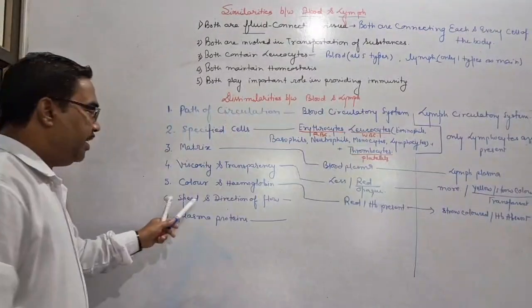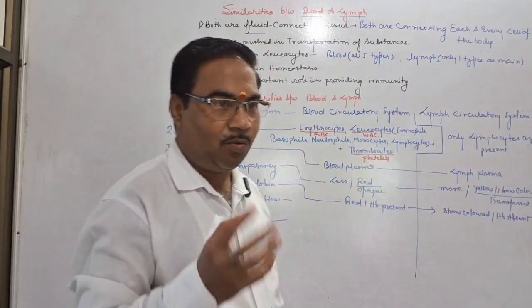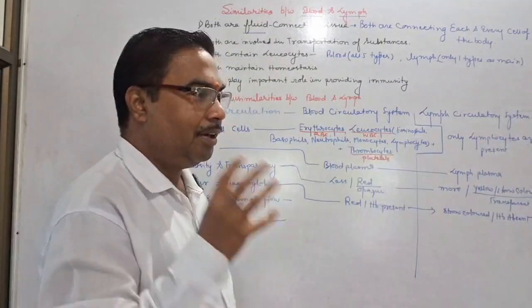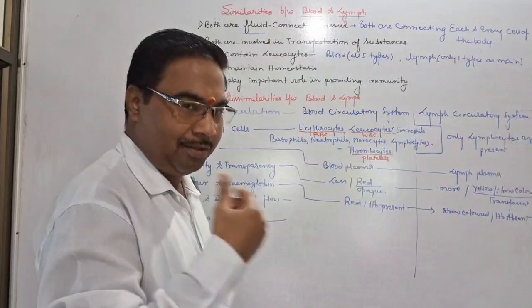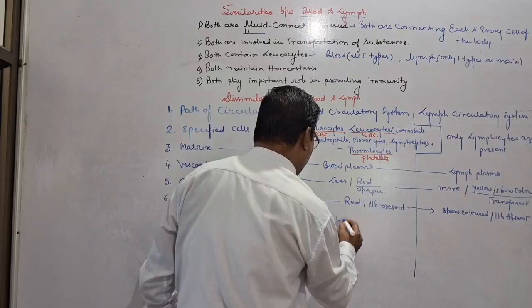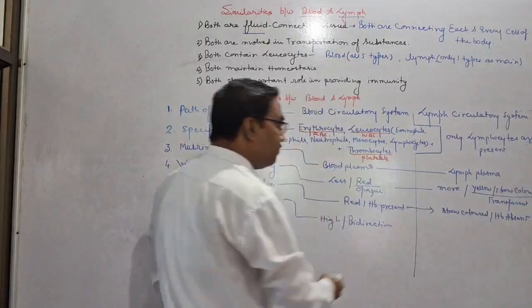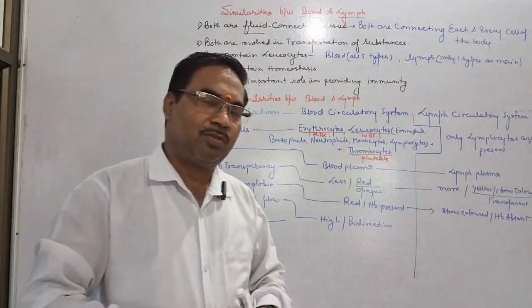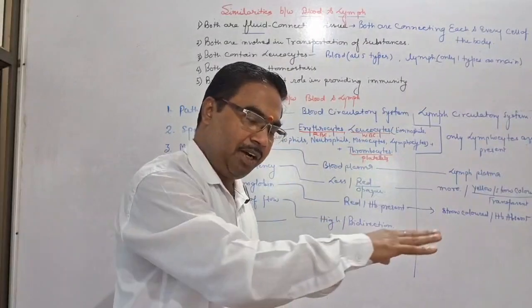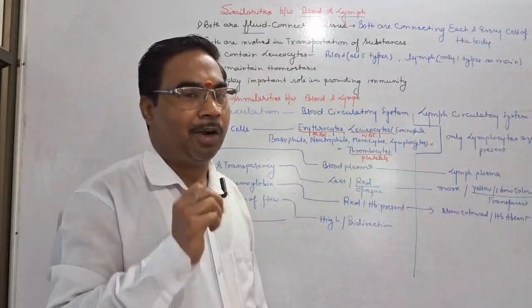Now next, speed and direction of flow. In blood circulatory system, one pump is there. That pump is heart. So heart gives a pressure in the flow of blood. So here the blood pressure is high and direction is bidirectional. When you study the blood circulatory system, you will understand that heart is sending the blood towards the different body parts and receiving the blood also from different body parts.